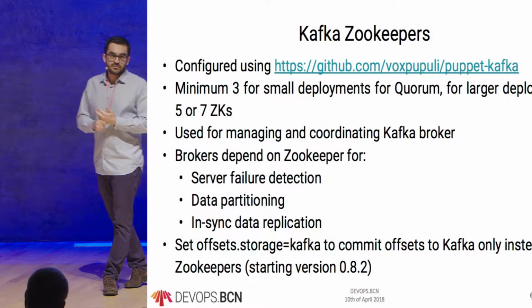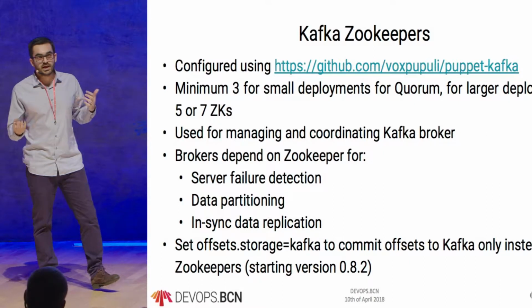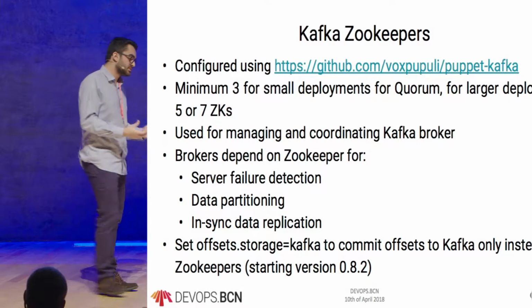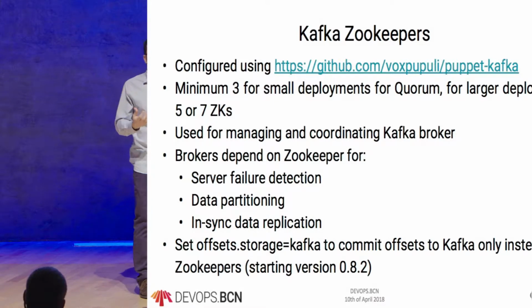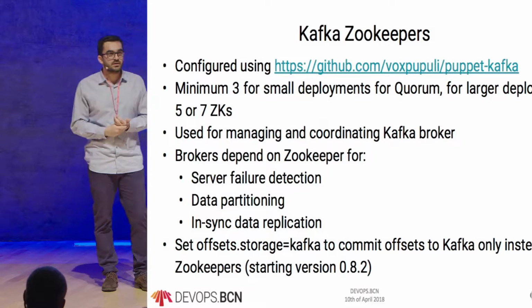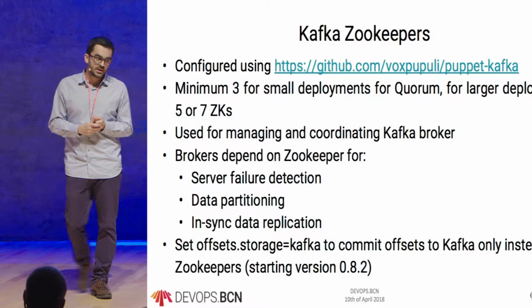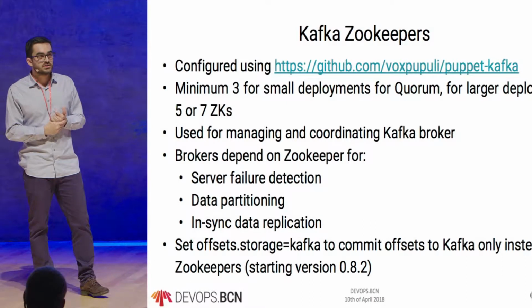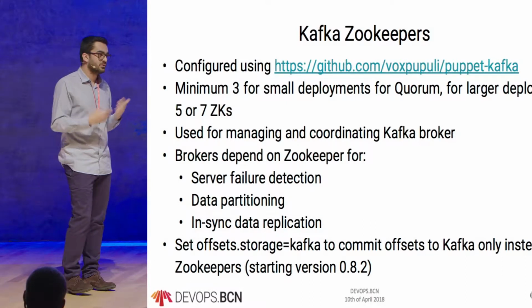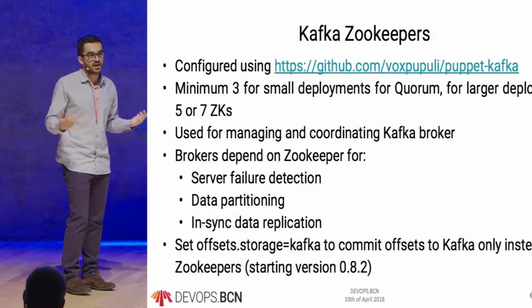And also for the data partitioning, we will have our brokers, our topics, and some partitions, so Zookeepers take care of that data partitioning. And always the data replication, so you will never have your data in just one server, you will have it in a couple of servers.